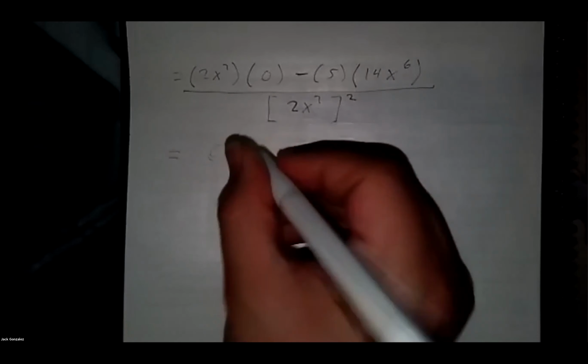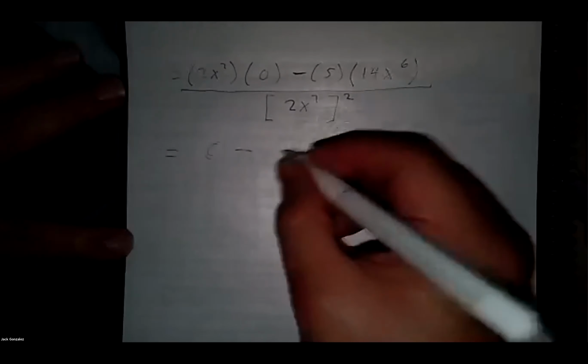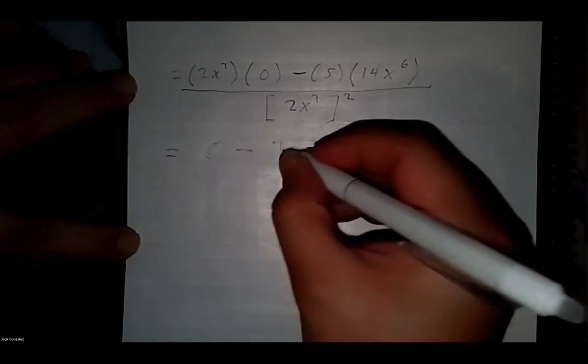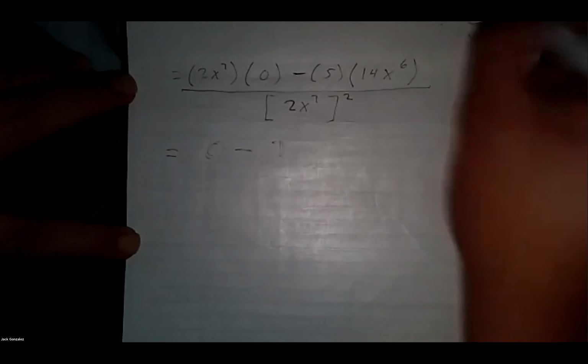So then we're going to get one more time. 0 minus 70.